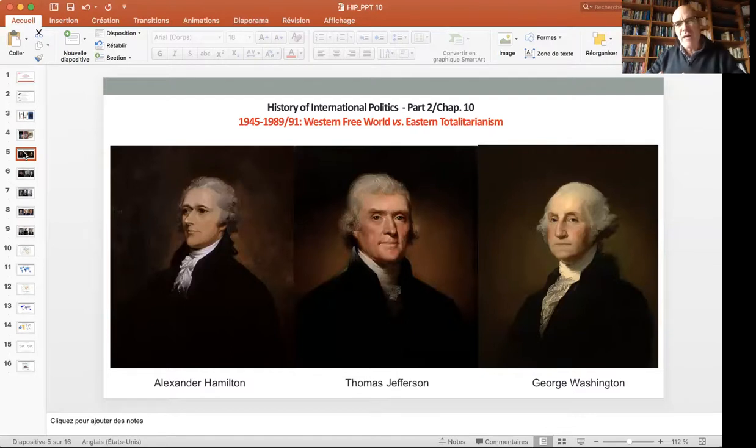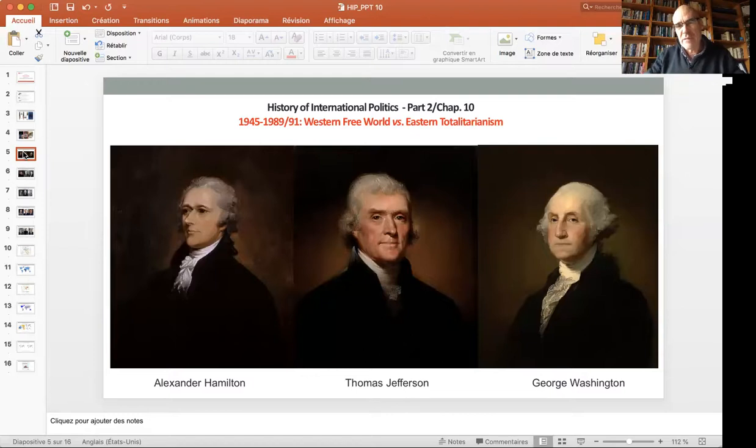as far as we are at liberty. We may safely trust to temporary alliances for extraordinary emergencies. No permanent alliance, no entangling alliance. America should not commit itself on the international political stage by becoming a permanent ally of whatever European power.